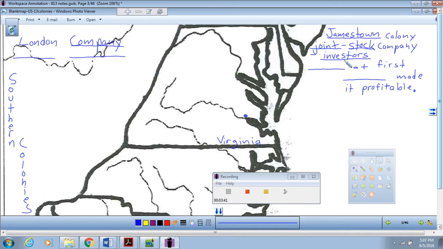Now, as we've already learned, the Jamestown colony was not immediately successful. In fact, the original explorers or adventurers brought tests for gold rather than the supplies to build a successful settlement.